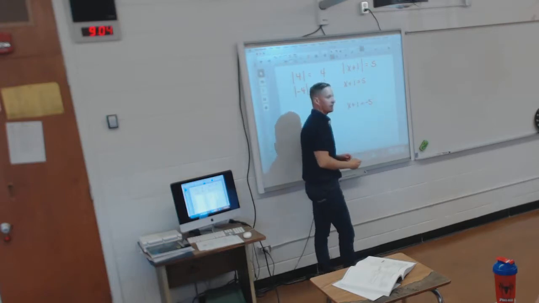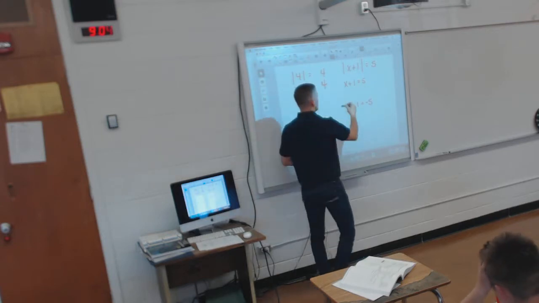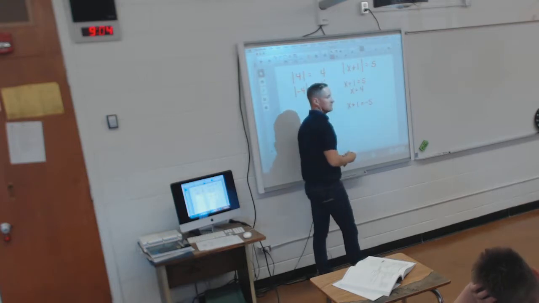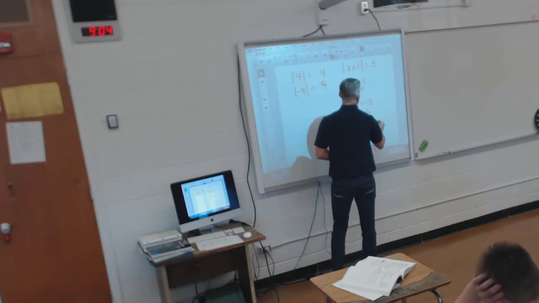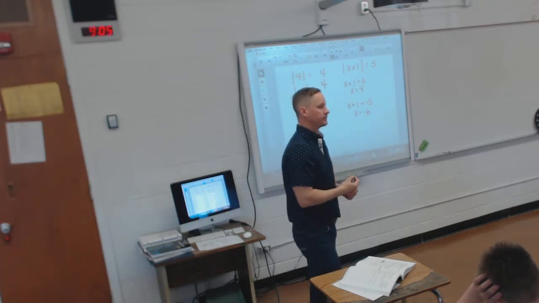Negative 5. Exactly. So I have 2 choices. All right? So therefore, when x is 4, and when x is negative 6. So I have 2 possible solutions for that, right?